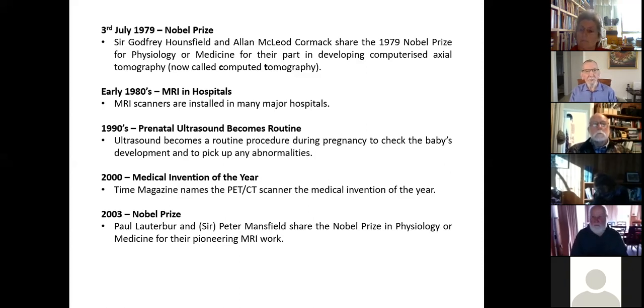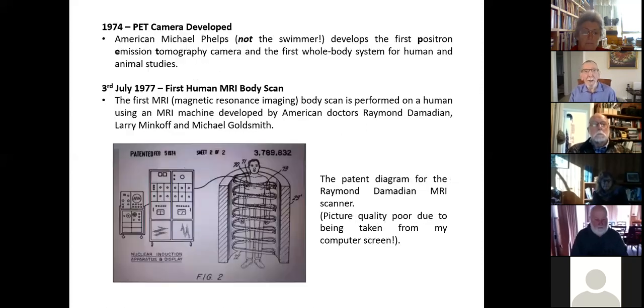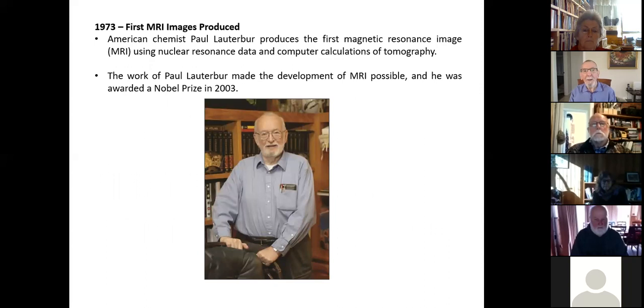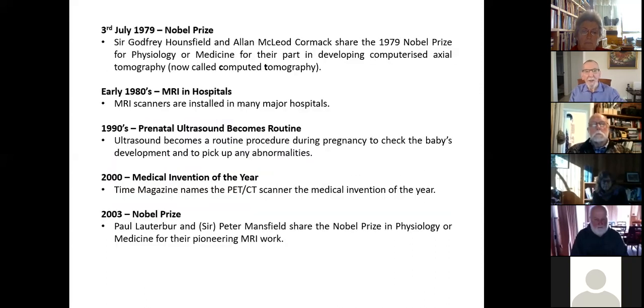In 2003, Paul Lauterbur, who we mentioned just a little while ago, this fellow here, and Sir Peter Mansfield shared the Nobel Prize in Physiology for their pioneering MRI work. And MRI has become really big.